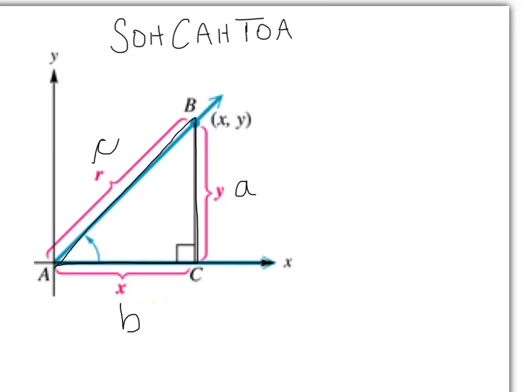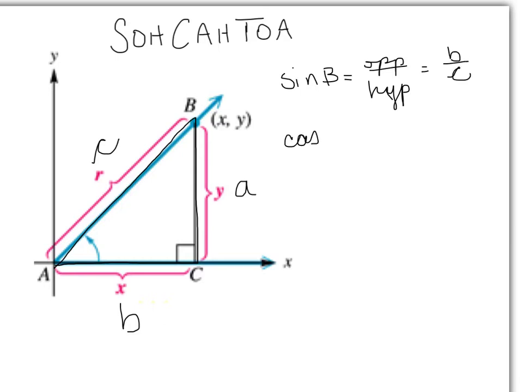I can do the same thing with angle B. The sine of B is the side opposite divided by the hypotenuse, which makes this b over c.